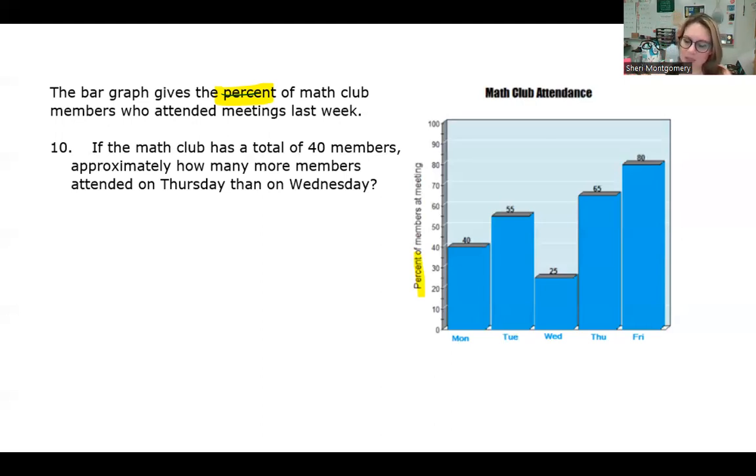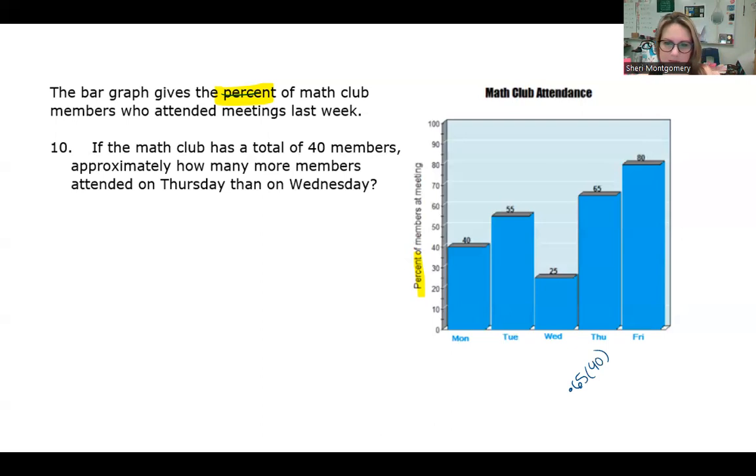So let's jot down what that actually is. To find out what 65% of 40 is, I'm going to do it down here below Thursday so that I have it there. So I would do 0.65 times 40.